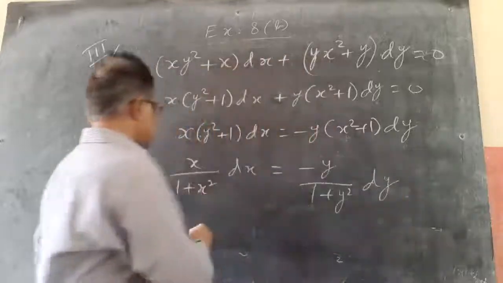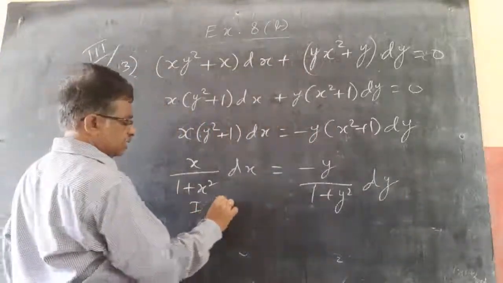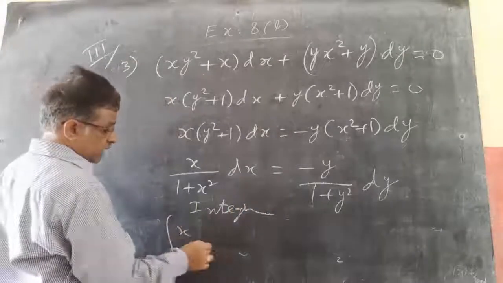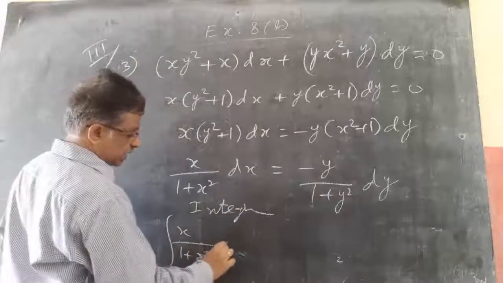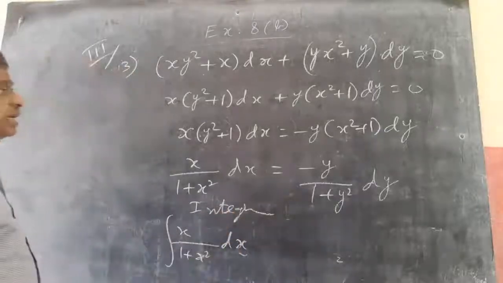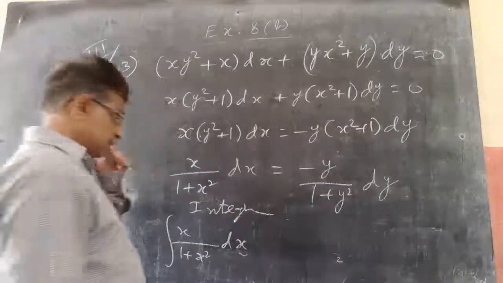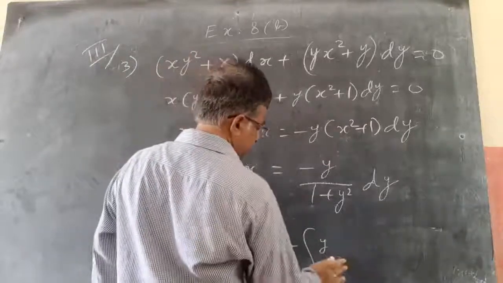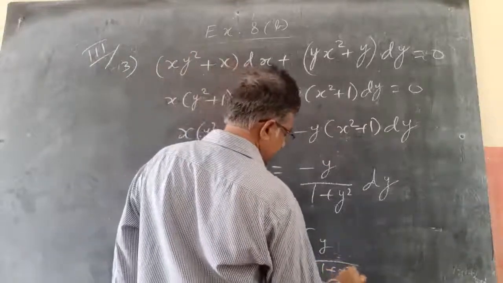Now integrating on both sides, we get the integral of x by (1 plus x square) dx equal to minus the integral of y by (1 plus y square) dy.